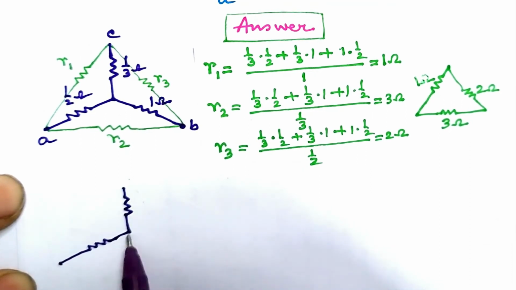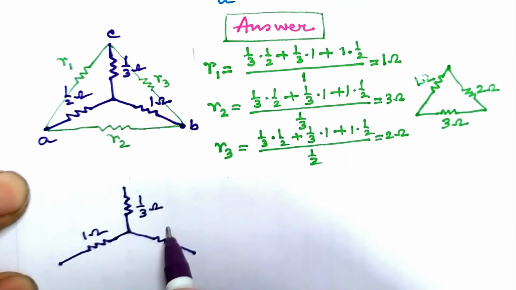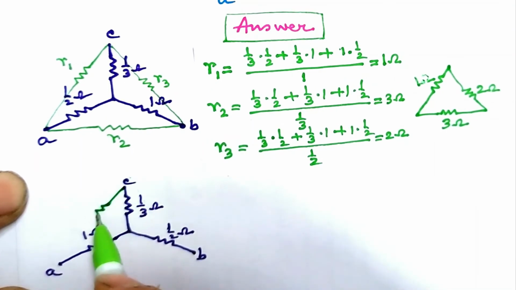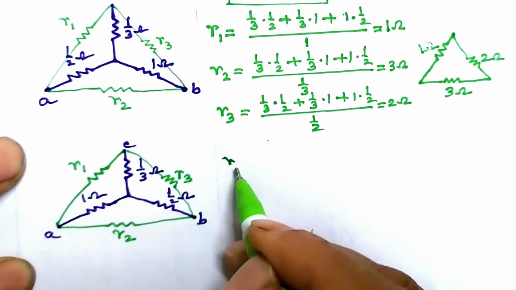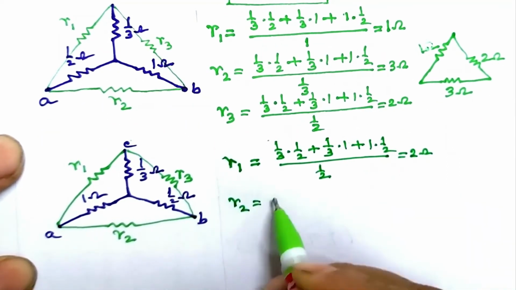Consider the second star network, build the corresponding delta network, and use the formula to get.